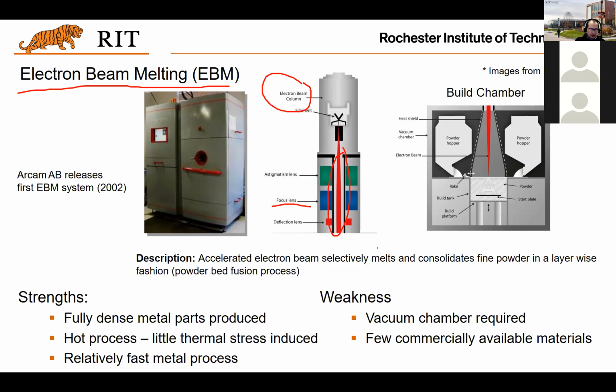One layer is solidified by using this electron beam energy, and again, a full density metal part can be produced.